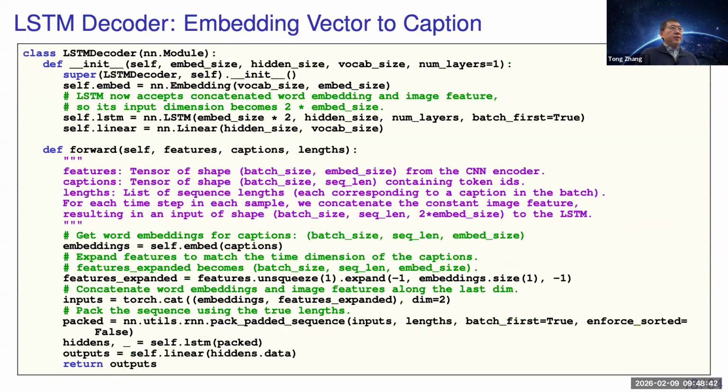For the decoder, the LSTM, you basically take that. Using our design, as I mentioned, we have a specific design, just for illustration. Basically, it concatenates your embedding. Let me take a look at this here.